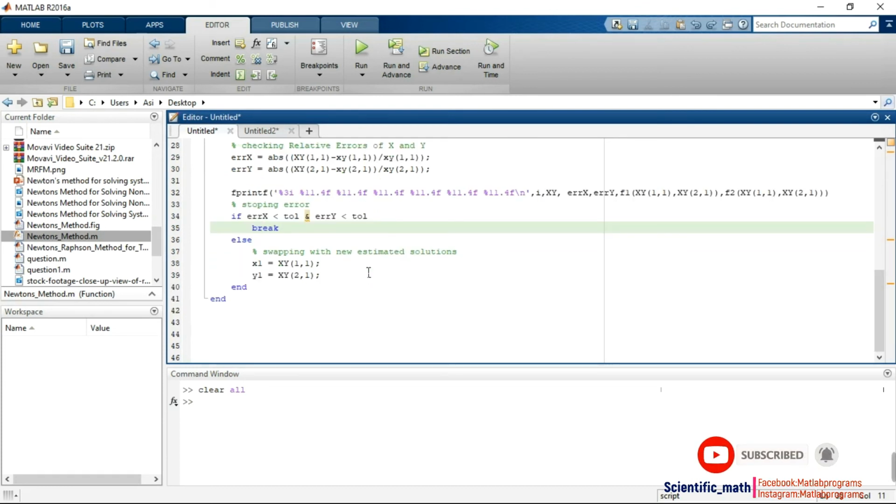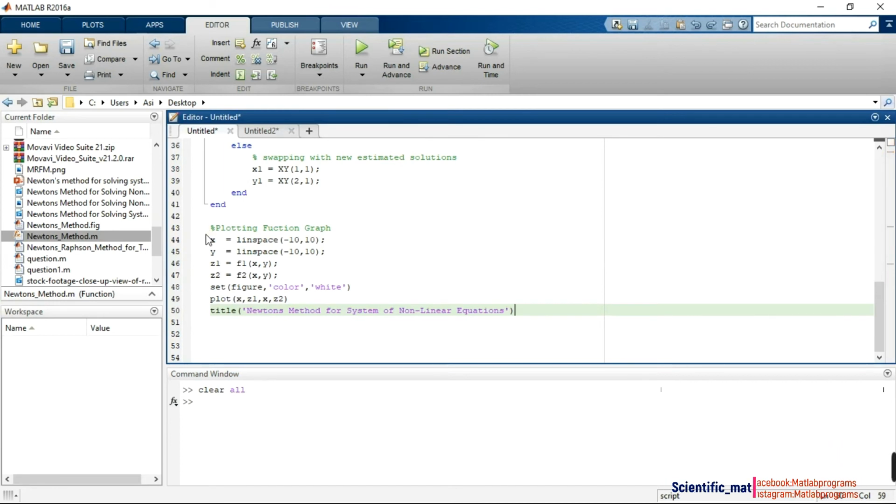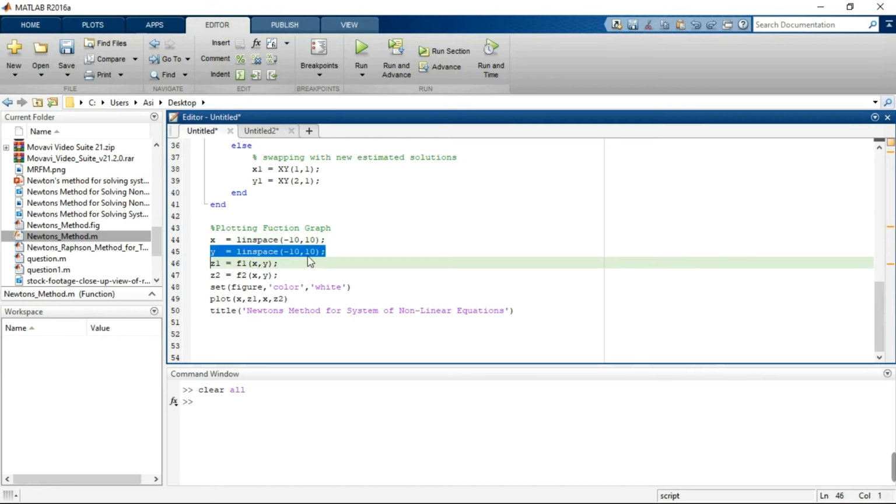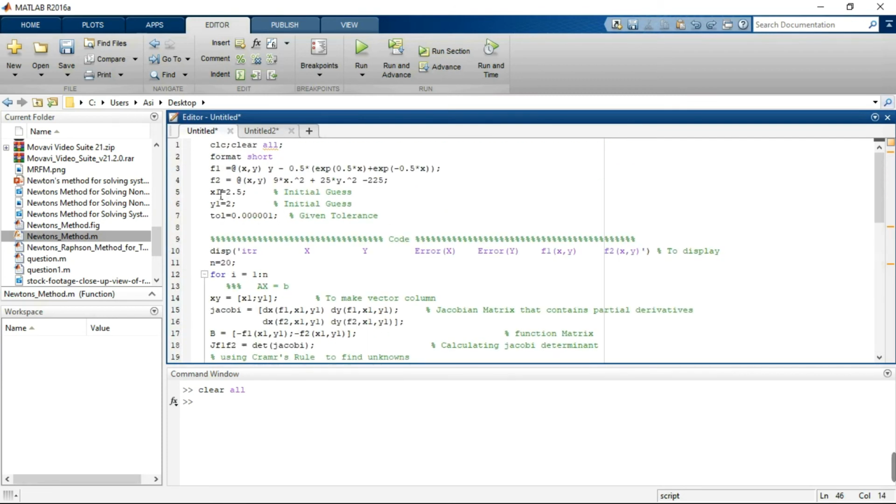Then we plot the functions' graph by using the interval x equal to -10 to 10, and the linspace command is used to create linearly spaced values with 100 points, and similarly y from -10 to 10. So z1 is equal to the function that we have given, f1, and f2.